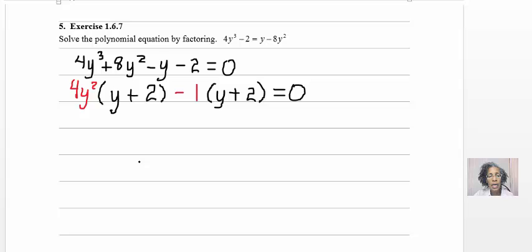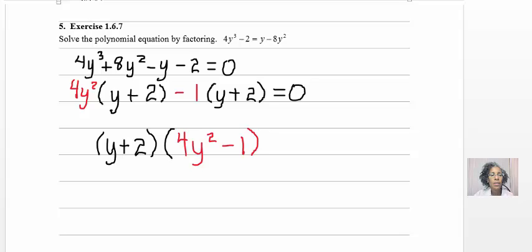And so I've got this common factor of y plus 2. So I'm just going backwards with the distributive property here. Y plus 2 is my common factor. In first position, y plus 2 is multiplied by 4y squared. And in second position, y plus 2 is multiplied by minus 1. So that gives me my factored form.